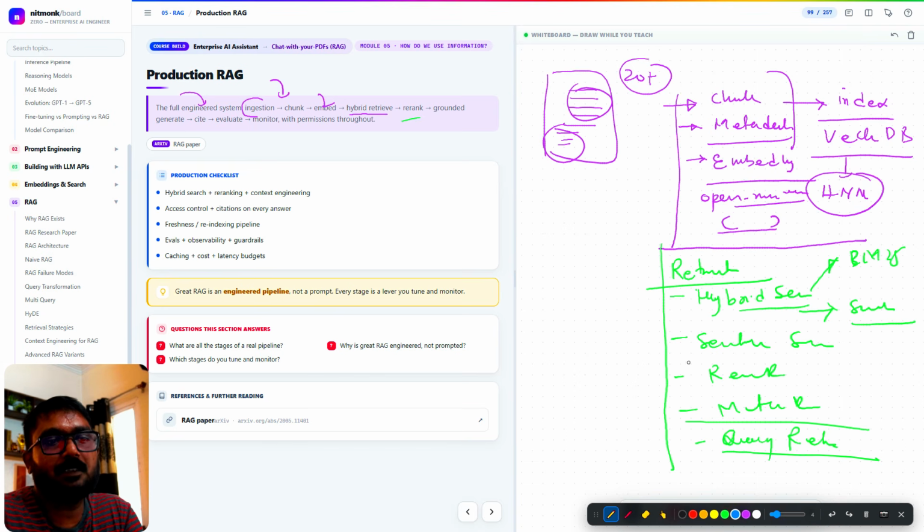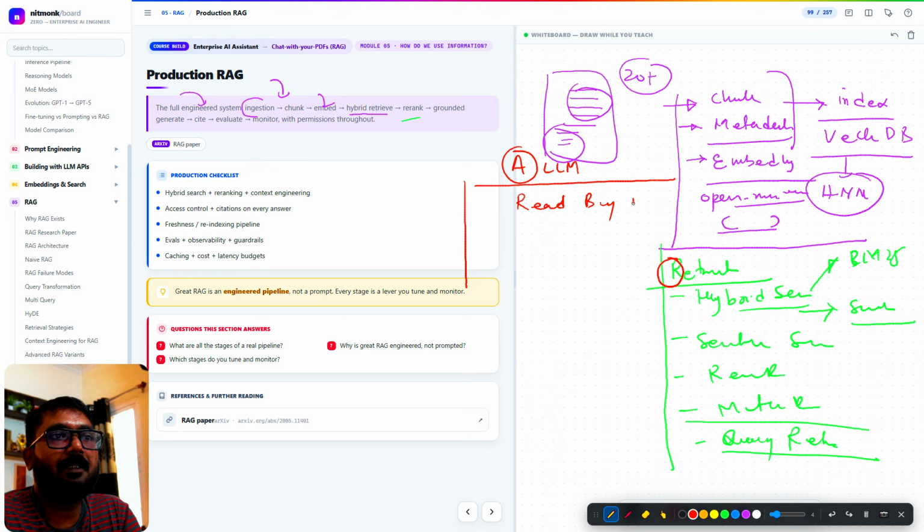So this is R, then augmentation happens. Augmentation is whatever has been retrieved going to the LLM. Then the LLM reads the data. That is augmentation.